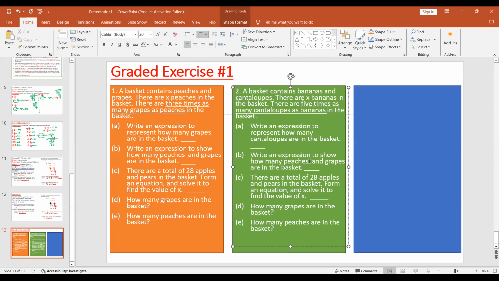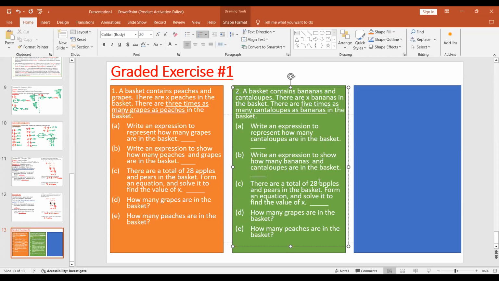And I want to know how many was the sum of bananas and cantaloupes in a basket. Let's say that the total is 42. That's not useful. Let's say the total is 54.